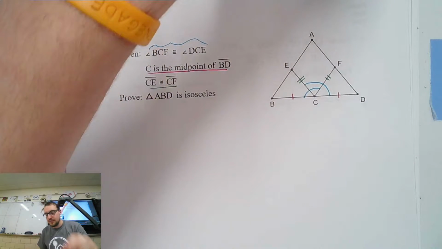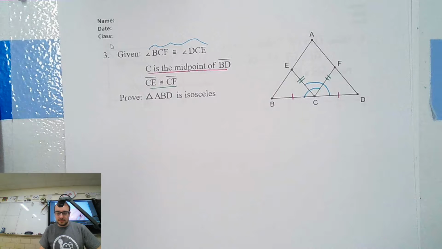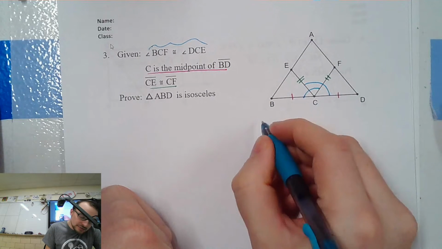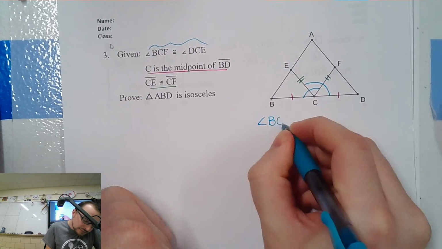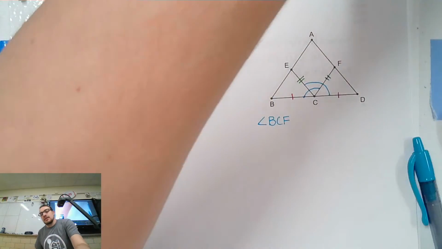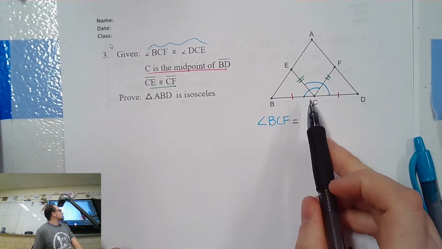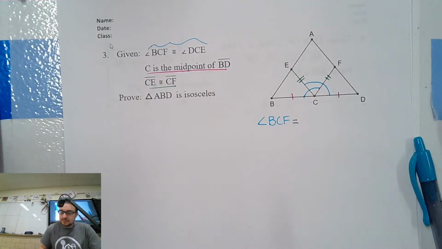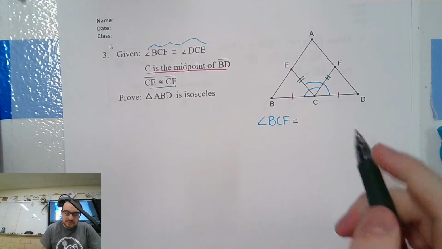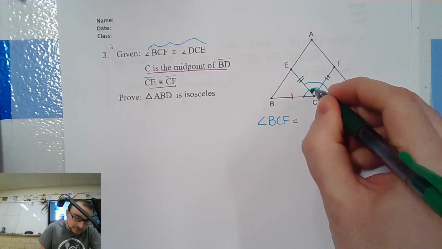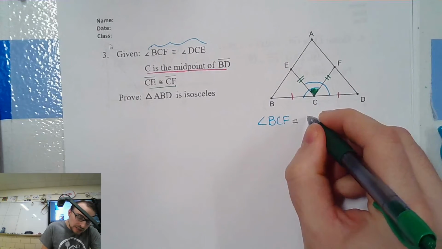All right, so this blue angle right here is angle BCF. And it is made up of 2 other angles. What 2 other angles is BCF made up of? ECF, which is this angle. I'm going to make that angle green, so I'm going to write ECF.